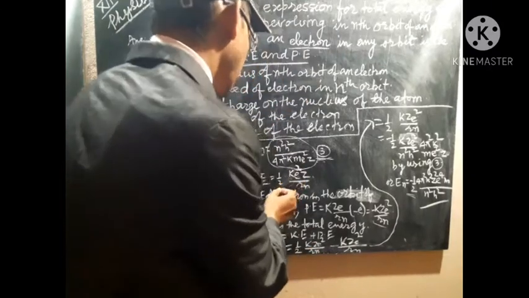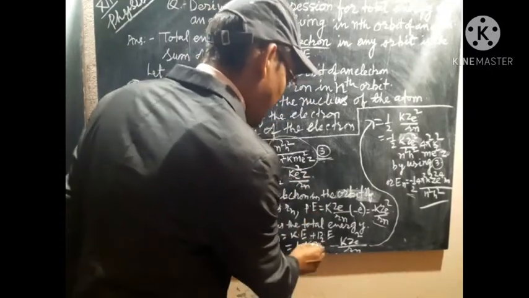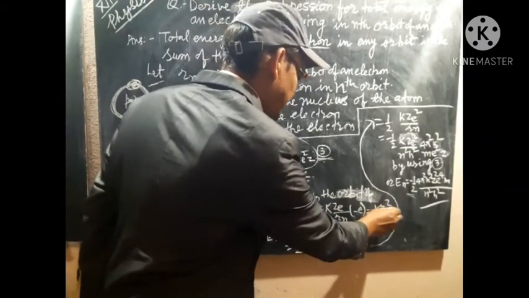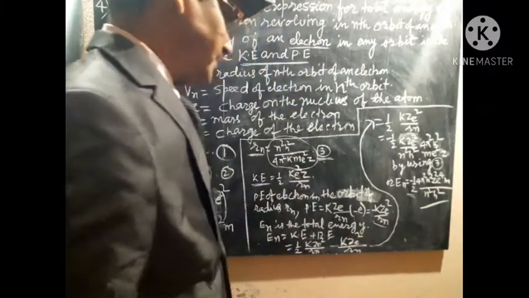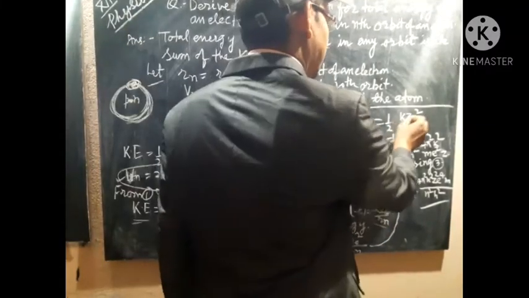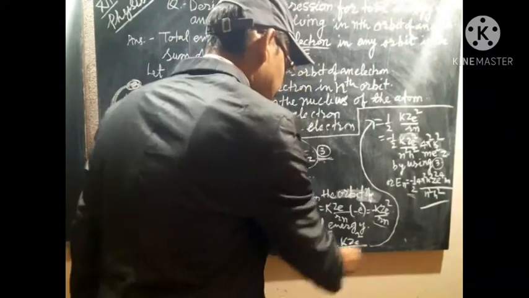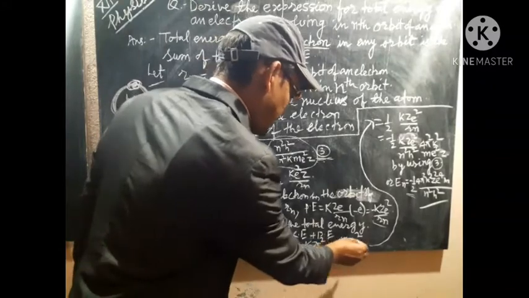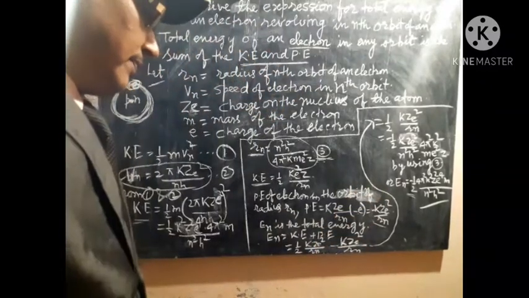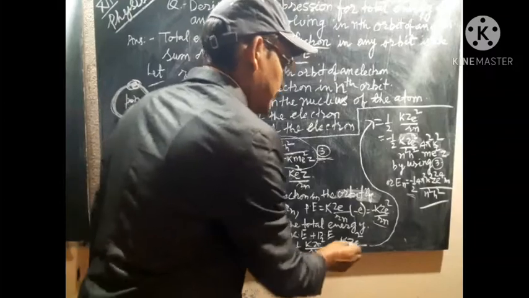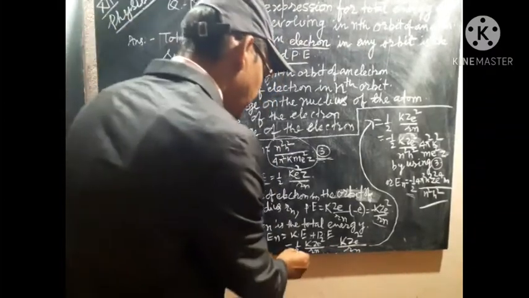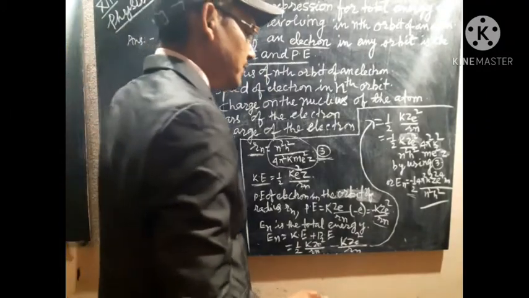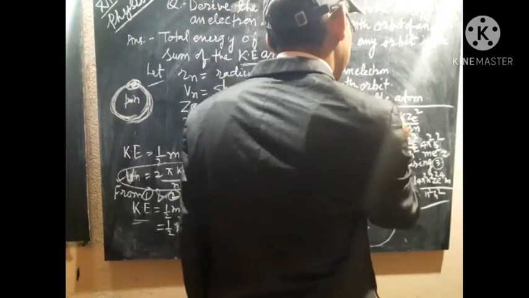Kinetic energy is half k e square Z by Rn, and potential energy is minus k Z e square by Rn. After adding, you are observing k Z e square by Rn is common. Half minus 1 will give minus half.